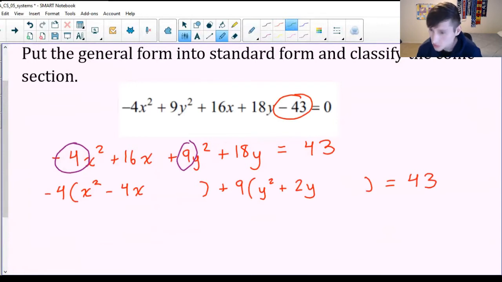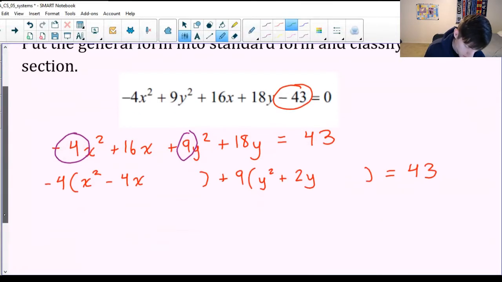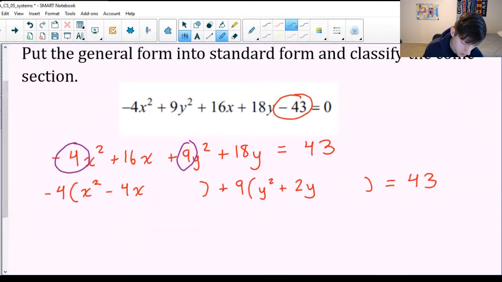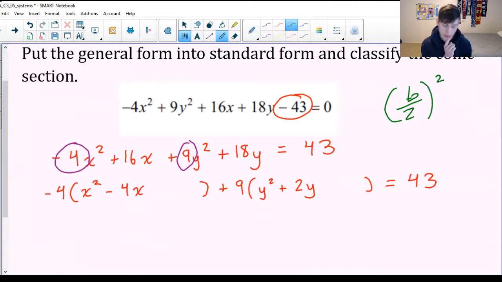Good to go. So just always make sure to check if you see that there is some sort of coefficient in front of the x squared, in front of the y squared, factor that out first, then start going through your completing the square portion. Okay. So for completing the square, brief reminder. b over 2a, I guess in this case, just the b over 2 squared since we factored out.